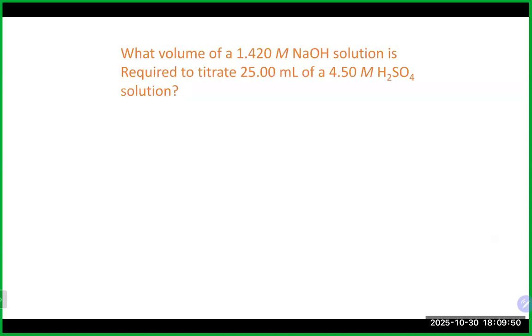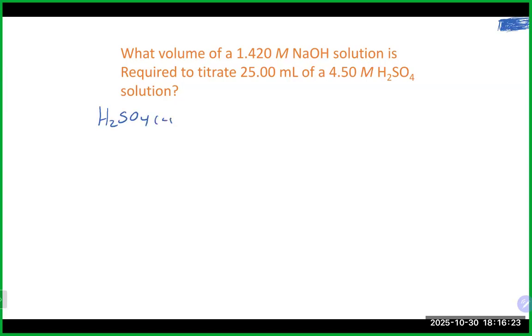What volume of 1.42 molar sodium hydroxide is required to titrate 25 milliliters of 4.5 molar sulfuric acid? So give it a go, see what you come up with. And we're going to need an equation, so we'll start with that.